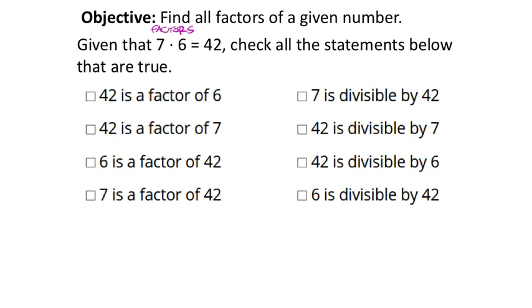And 42 would be the product of those two factors. Now, if we change this into a division problem, which we can, you would take the product, 42, and divide it by either one of the factors, let's take the 7 first, and it would equal the other factor.